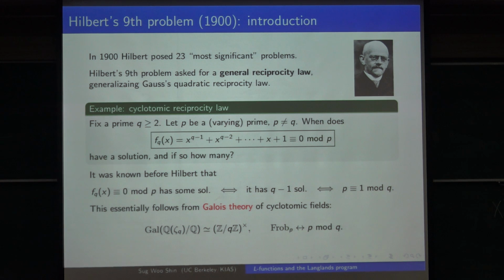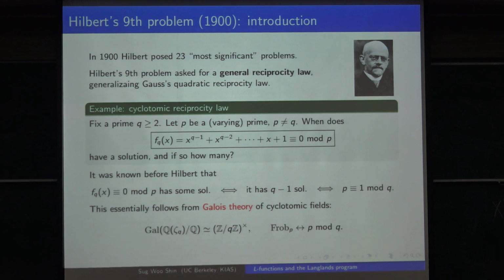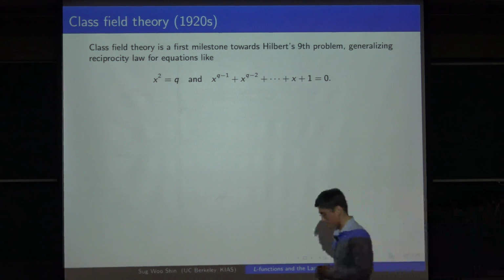But I'll relate this back to the discussion of L-functions pretty soon, so it'll show up again. Okay, so let's go to the 1920s. That was 1900 or earlier. Now I talk about class field theory.